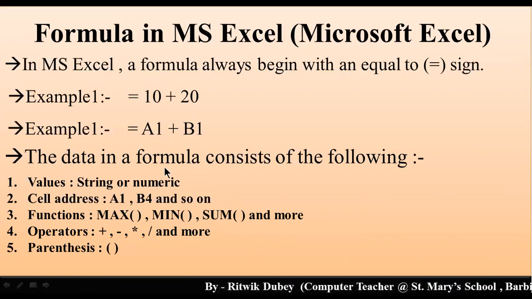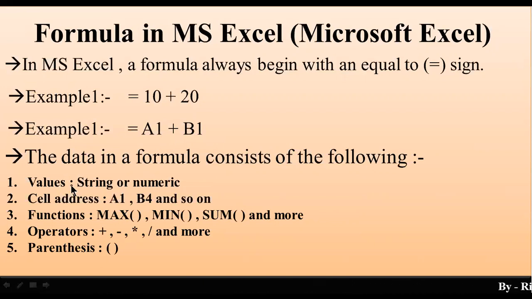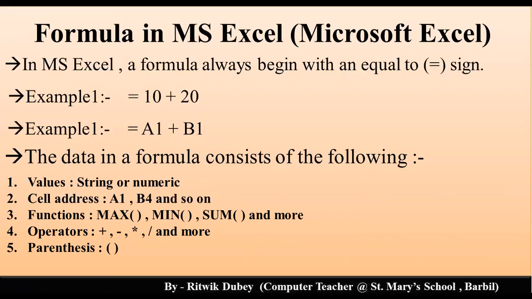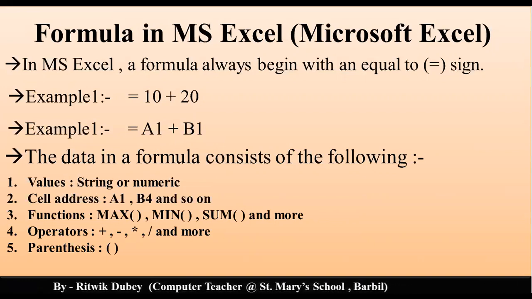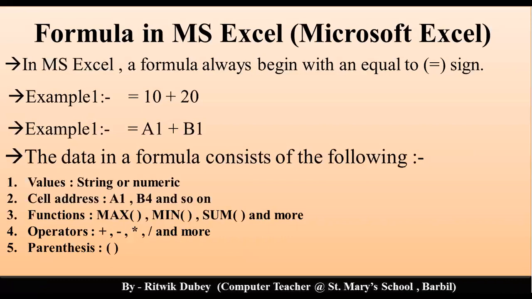The data in a formula consists of the following. A formula can contain these things. Which things? Values. The values can be strings. Sir, what is the meaning of string? For example, my name is Ritvik, R-I-T-W-I-K. What kind of data is Ritvik? It is string data. Any name, any textual data, any text data is called string data.